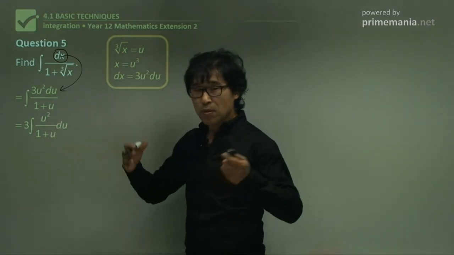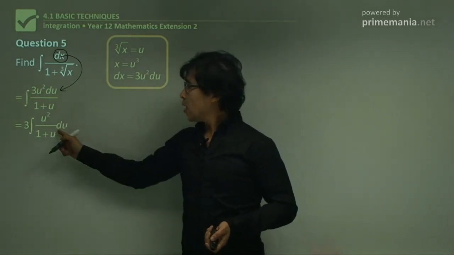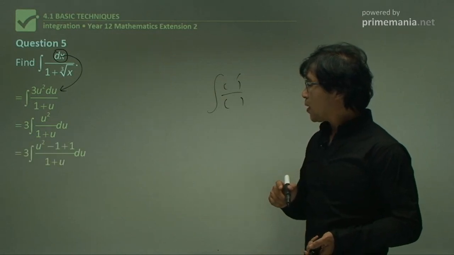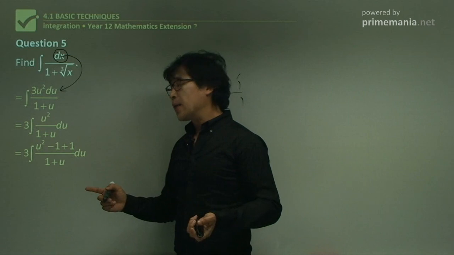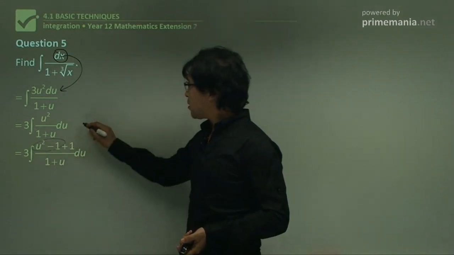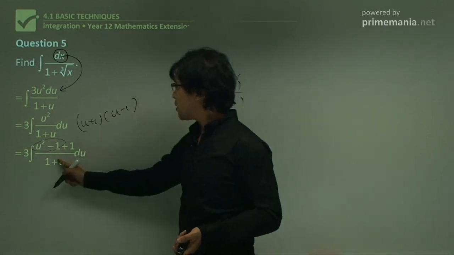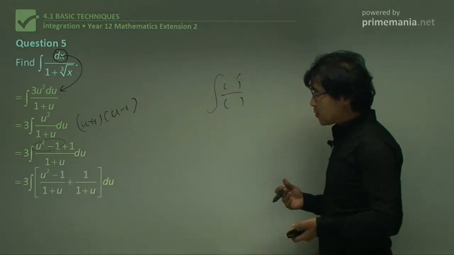Do you remember in the previous lesson we tried to reduce this power to less than the denominator? So I want to make it u minus 1 plus 1, so that we can cancel the u plus 1 later. That's the idea, so separate them.